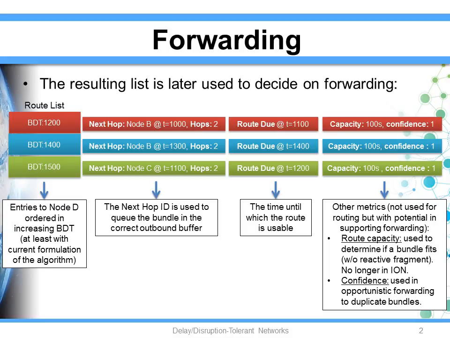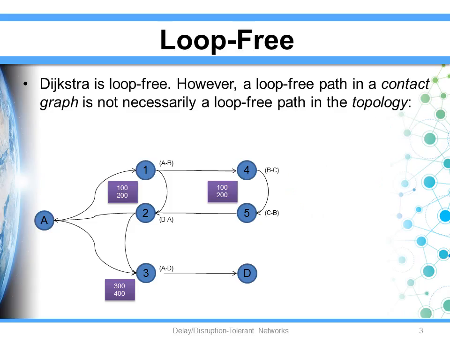Confidence is another metric which is under discussion at the moment, where you can use that parameter to decide if a bundle needs to be cloned or duplicated because it's being forwarded through a route which is not very reliable. The correct usage of these values is still under discussion. However, those metrics at the moment need to be calculated from routing.